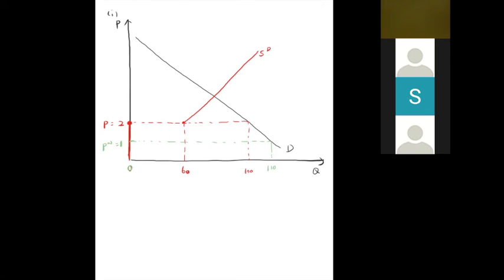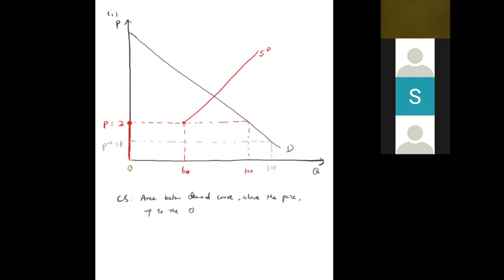So we know that consumer surplus is the area below the demand curve, above the equilibrium price, and up to the equilibrium quantity.